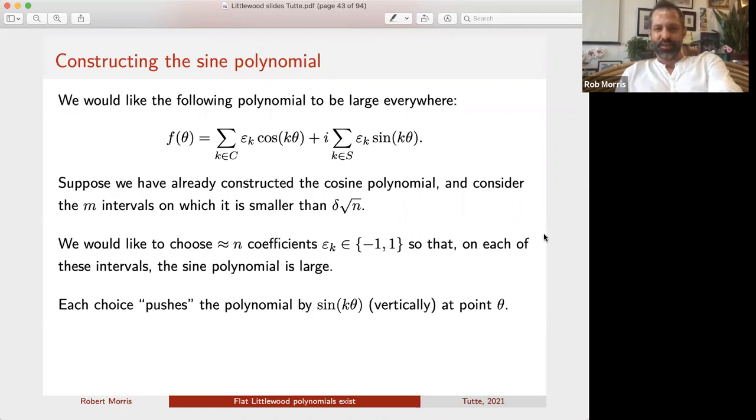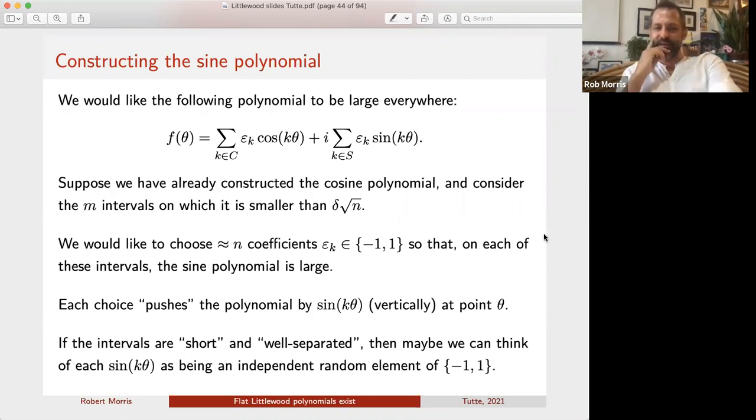And if the thetas are fairly far apart, then those numbers look basically independent. So maybe we can think of these sine k thetas as being random elements of {-1, 1}. I mean, really, I should say the interval [-1, 1], but let's just say the set {-1, 1} to make it even simpler. It's just the heuristic again.